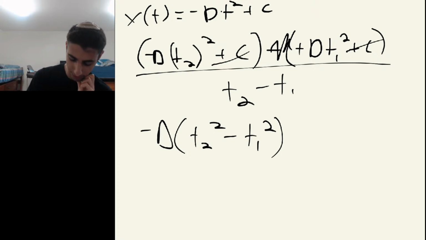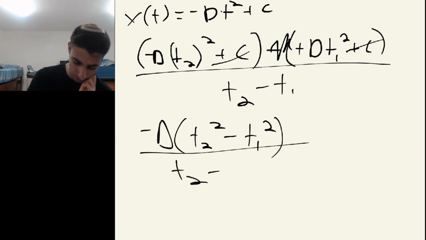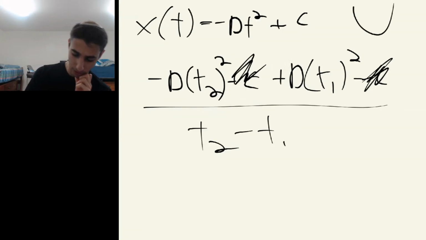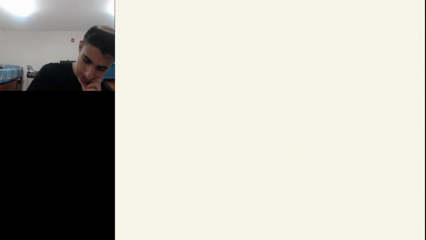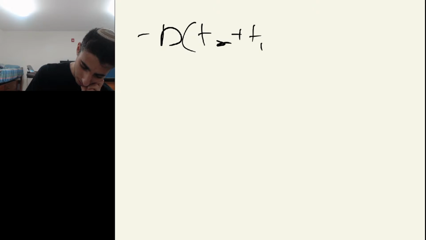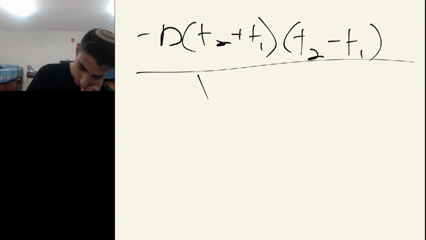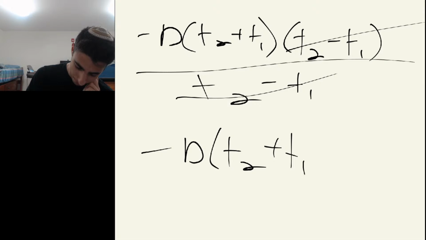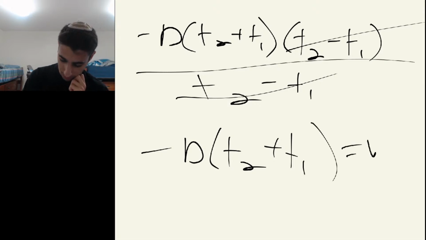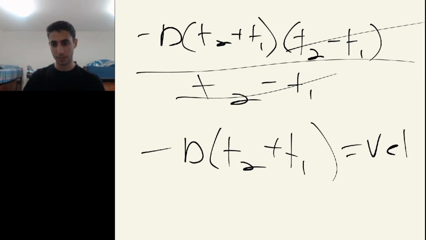And then this is a difference of squares, so it's going to be negative d times t sub 2 plus t sub 1 times t sub 2 minus t sub 1, all of that over t sub 2 minus t sub 1. Those will cancel, and we're left with negative d times t sub 2 plus t sub 1. Now this equals your velocity when you calculate it by average velocity.